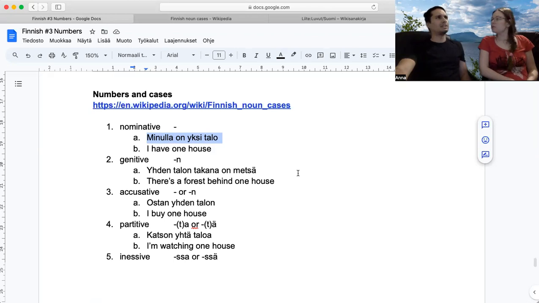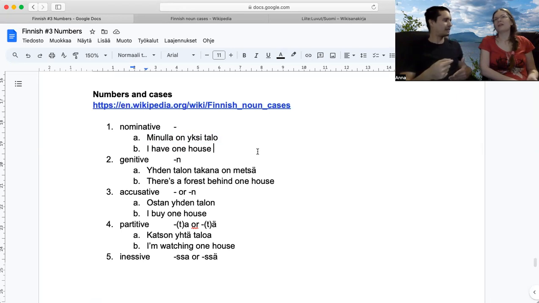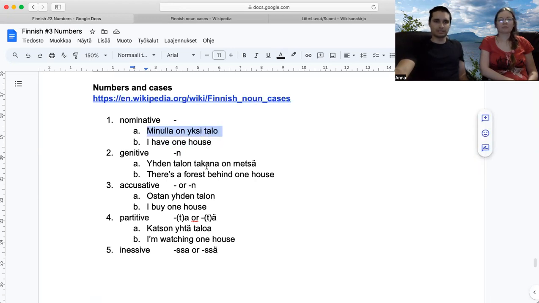In some situations there is a house, siellä on yksi talo, but in Finnish there is no way to make it a or the. So, I have one house. Minulla on yksi talo. Pretty easy.